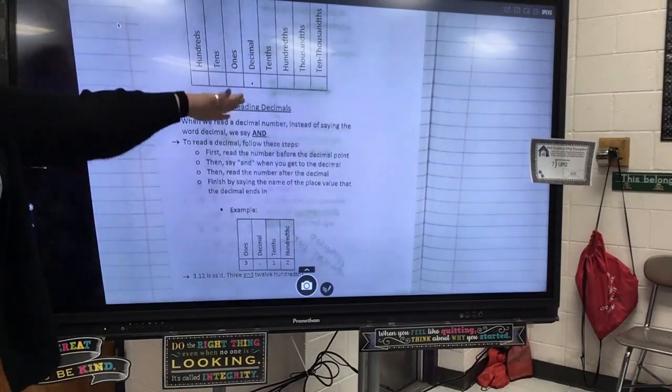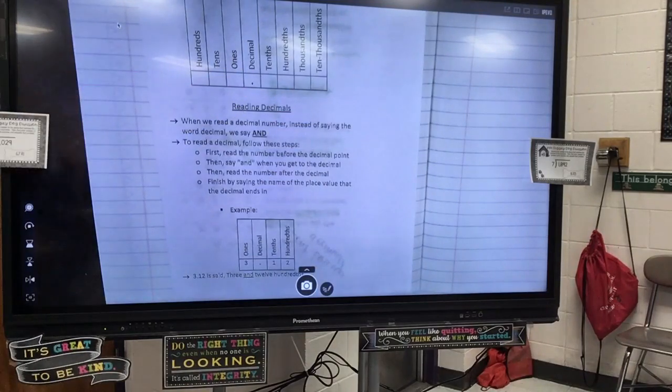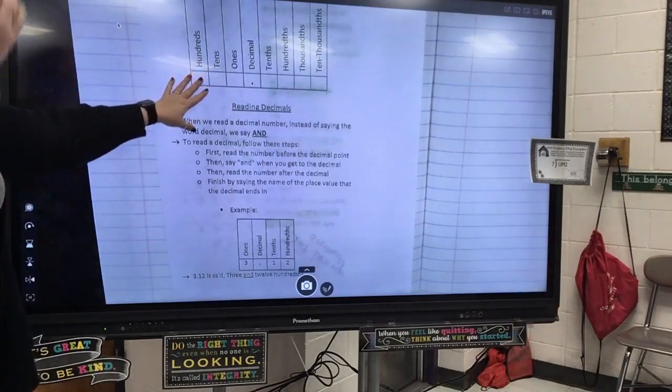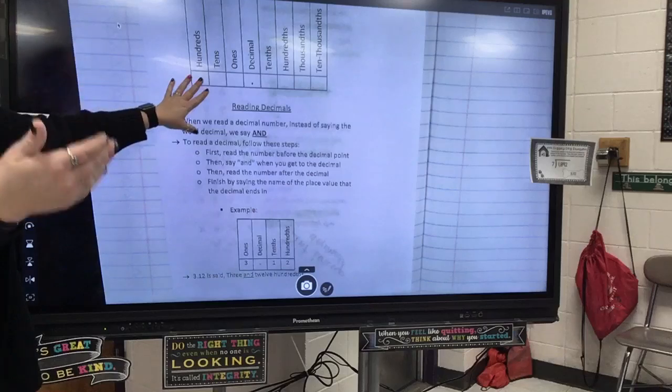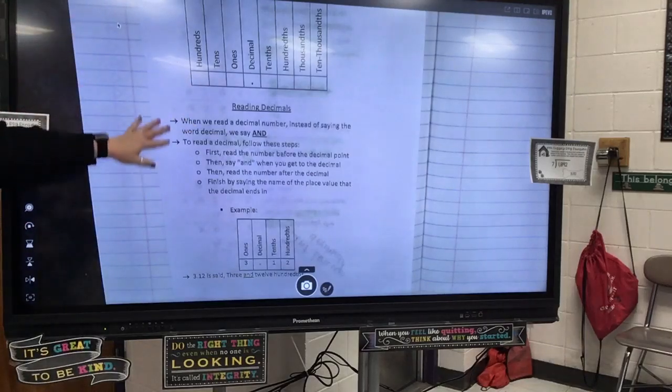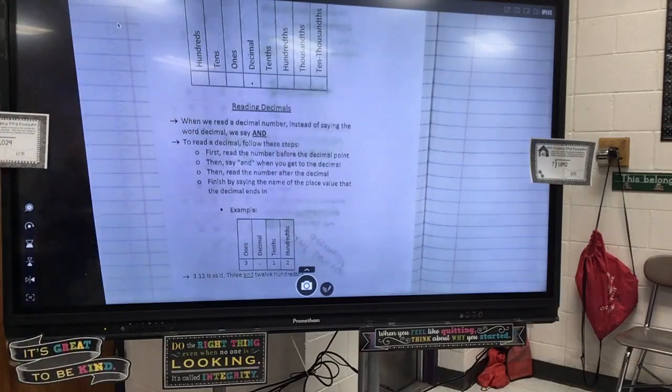But keep in mind, if you're ever dealing with decimals when you're dividing or multiplying or adding, keep this so that you know the first decimal is the tenths, second decimal is hundredths, thousandths, ten-thousandths.